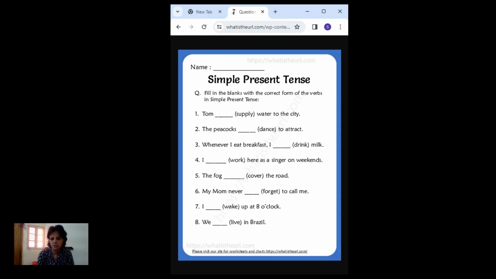For example, he, present verb go, we add es. We should add es at the end of that word. He goes and she goes. And it goes, it comes. That is how it works. Unless the person or thing is singular, you cannot use es.